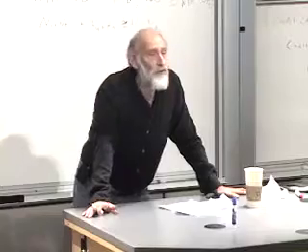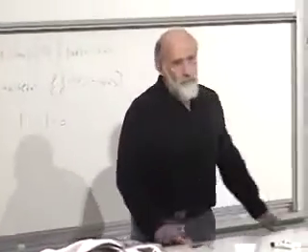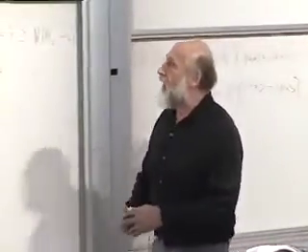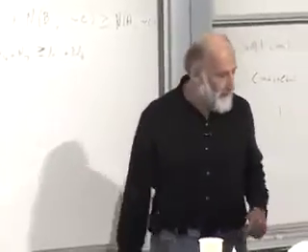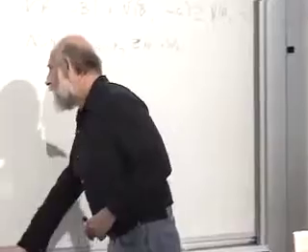Let's now take our system to be 2 spins. Let's take our system to be 2 spins, and then we'll define the various properties A, B, and C, which we'll think of.